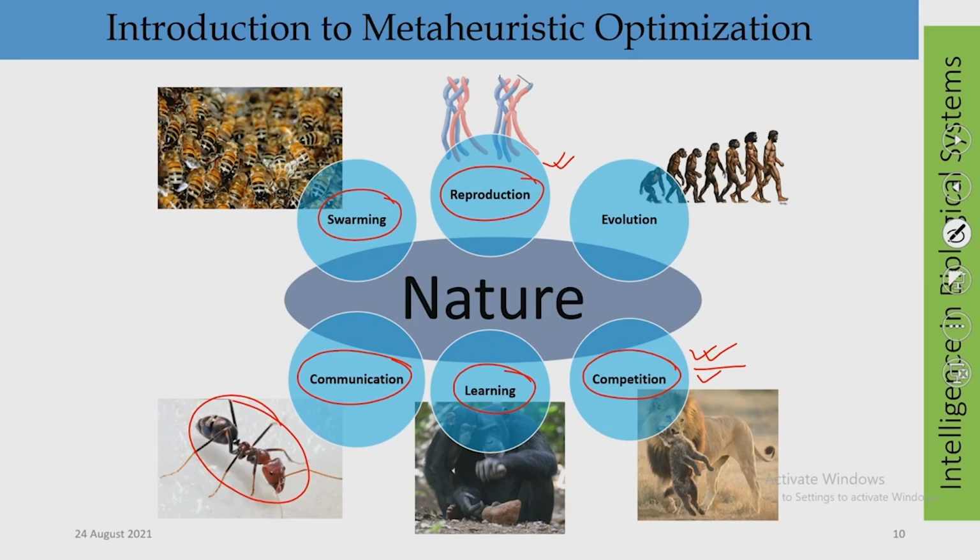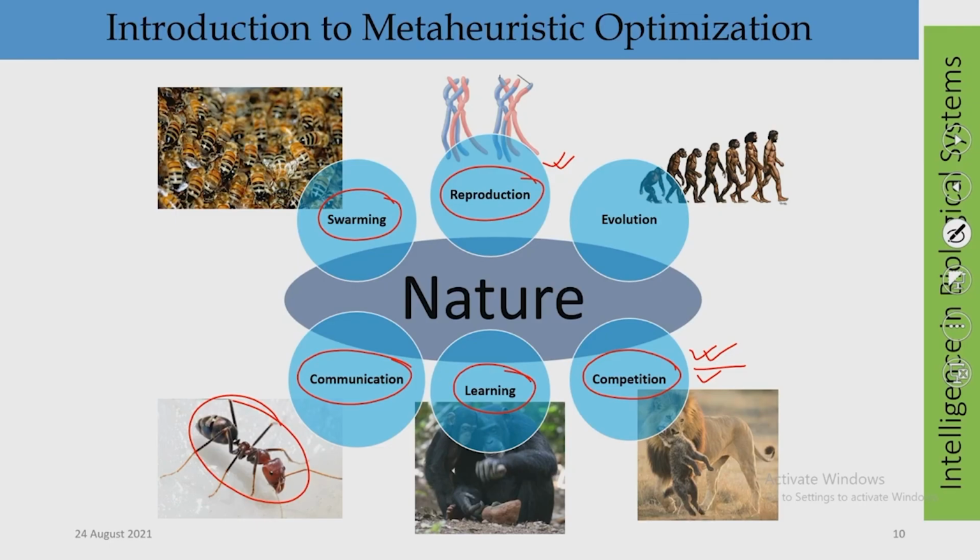They have actually optimized the process so that they can reach the food using the shortest distance. Similarly, other phenomena happening in nature are also optimized processes. By looking at these natural processes, many researchers have proposed optimization methods.